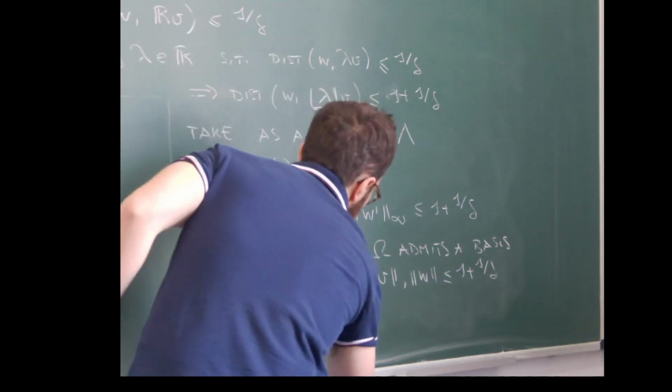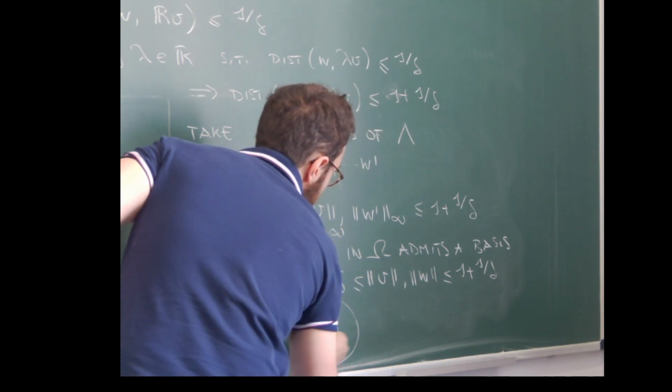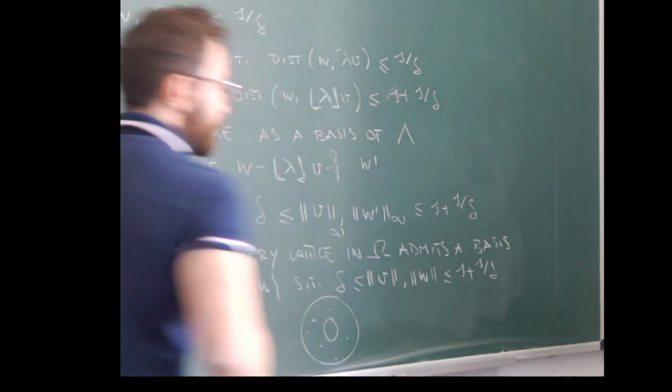So you have a smaller circle here, a bigger circle here, and your lattices all have bases here.